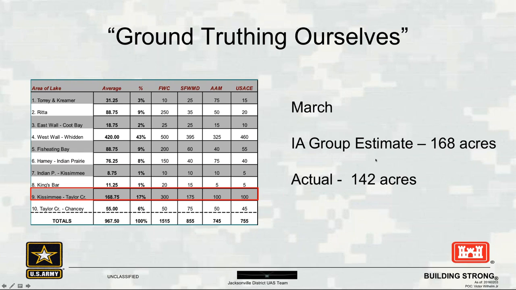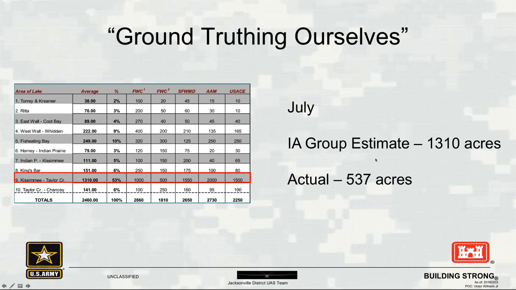But in July, the group estimated there were 1,310 acres in that one Eagle Bay area. In actuality, we flew the UAS the day after they flew with a helicopter and digitized out 537 acres. That reiterated how aerial survey methodology, depending on who's in there at the time, can vary.